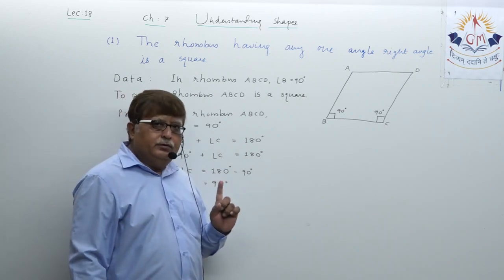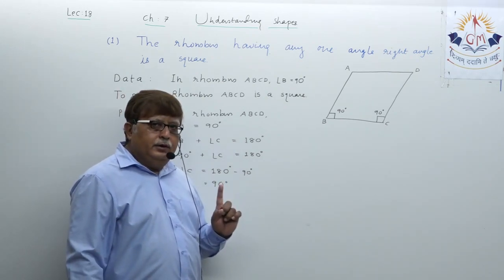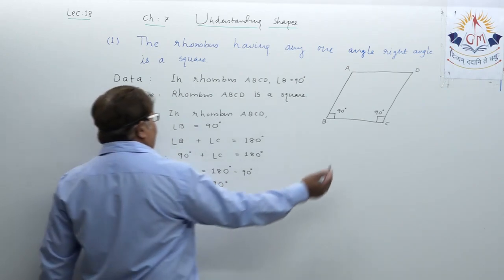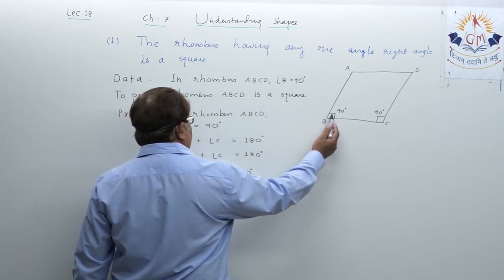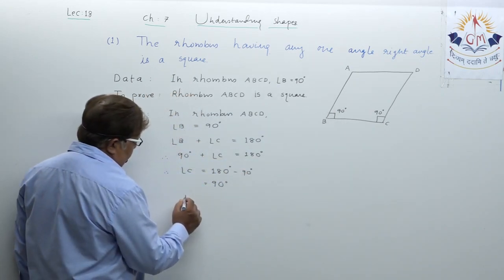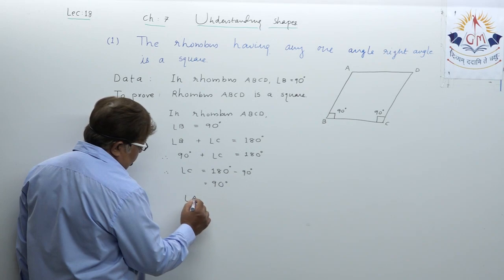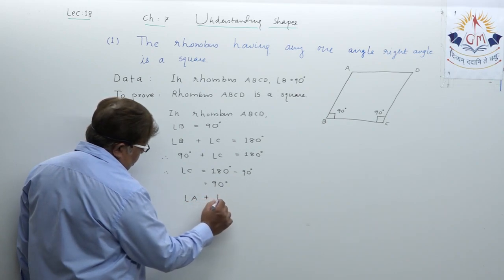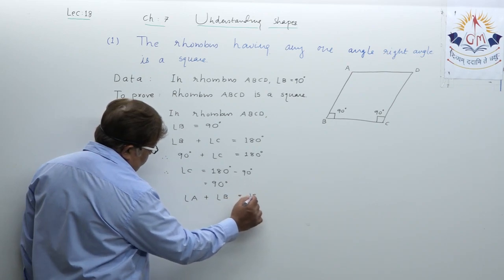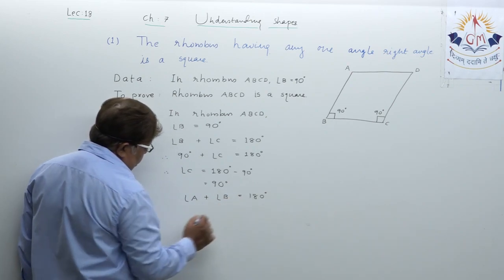After we got angle C as 90 degree, let us take the pair of B with A. You can take it, yes. Angle A plus angle B equal to 180 degree.